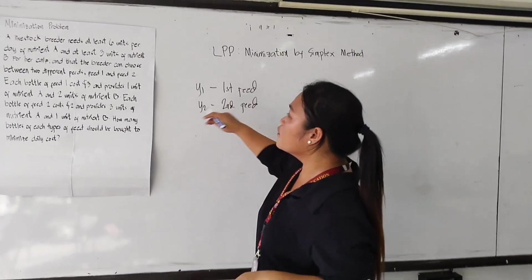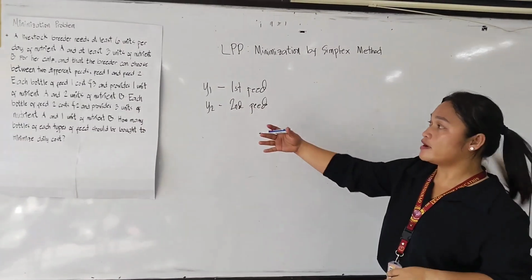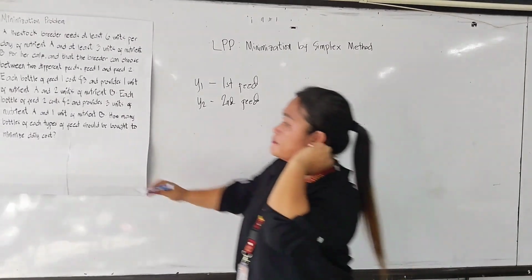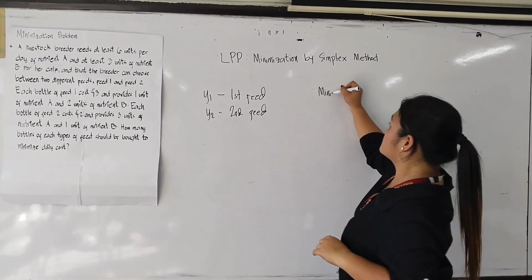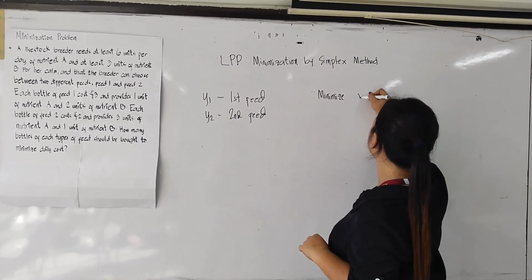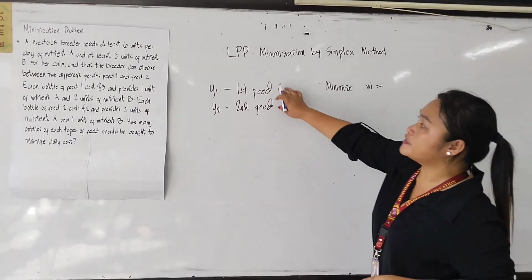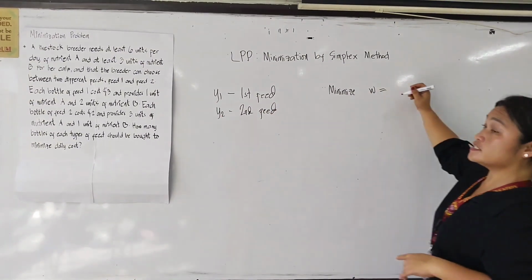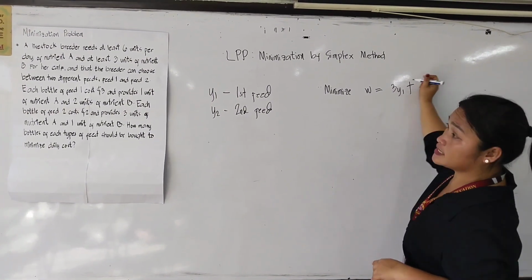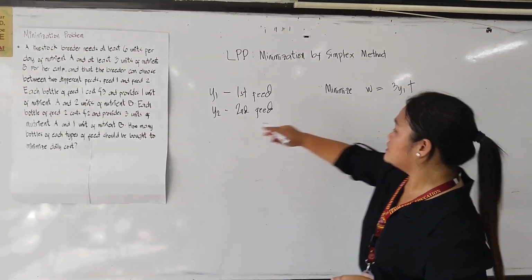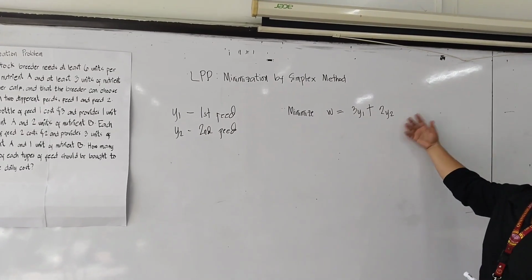Now we have our variables, so we minimize the cost. So our cost here is $3 in the first feed, so we need 3y1 plus the second cost is $2, so 2y2.